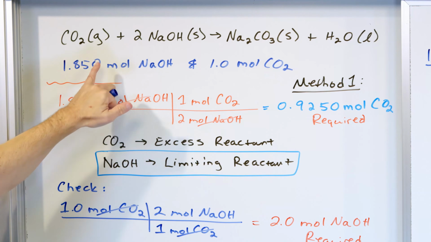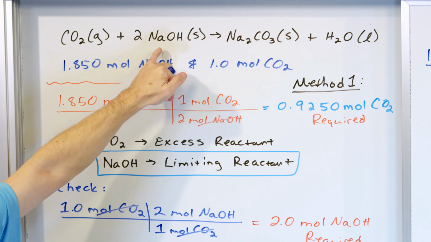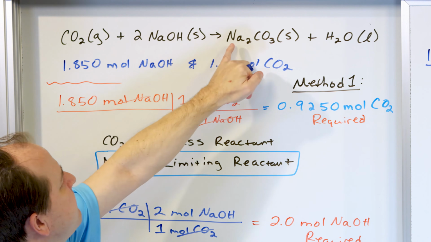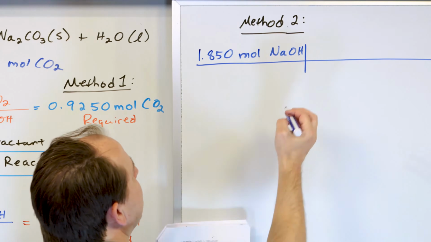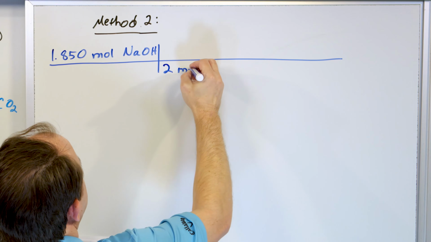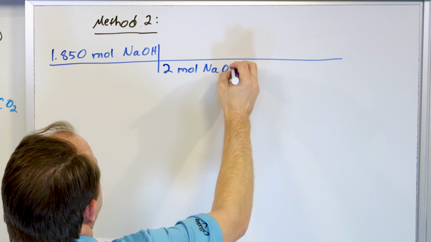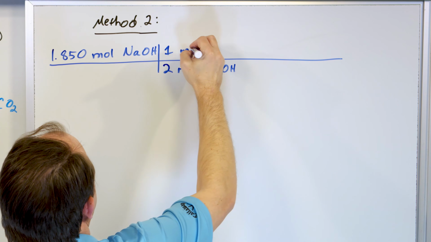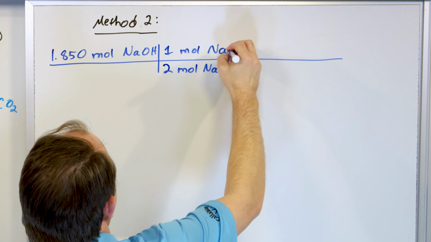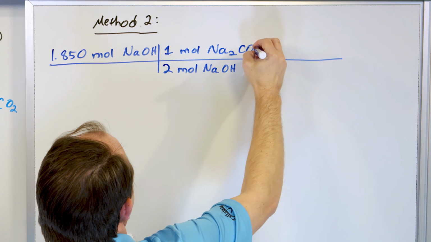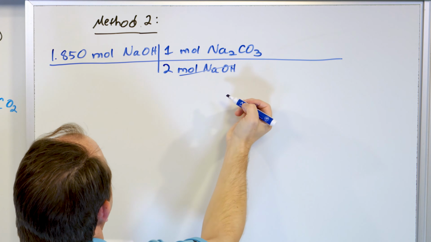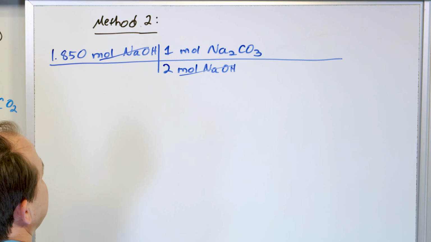So we know that if we start with a certain amount of sodium hydroxide in moles, 2 moles of sodium hydroxide make 1 mole of sodium carbonate. So we'll put that in here: 2 moles of sodium hydroxide form 1 mole of Na2CO3. The moles of sodium hydroxide cancel with the moles of sodium hydroxide.